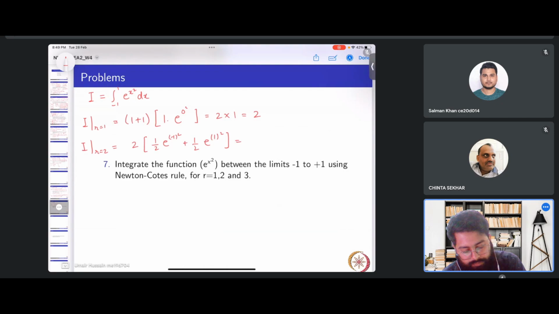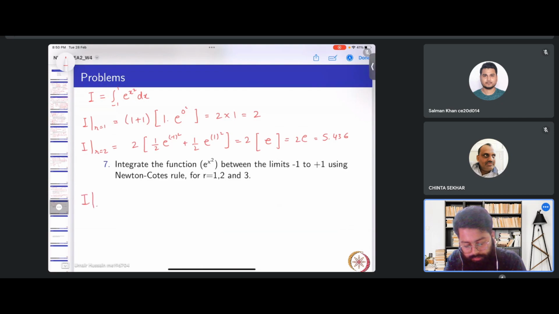Again we have 2 into half of e to the power 1 square is e, half of e plus half of e is e. So we have 2e now. Let's calculate the exact value. 2e is 5.436.